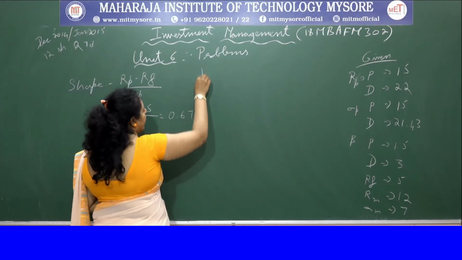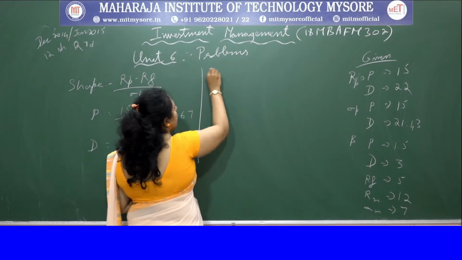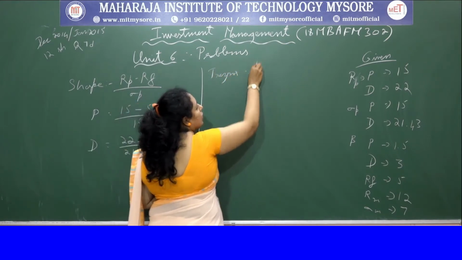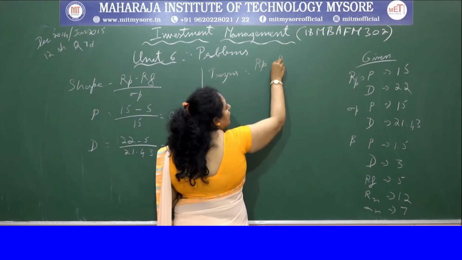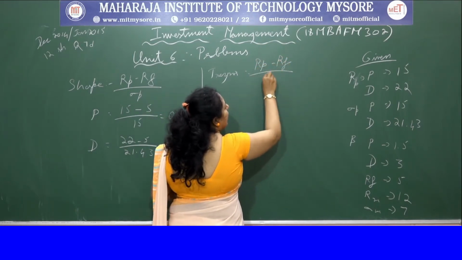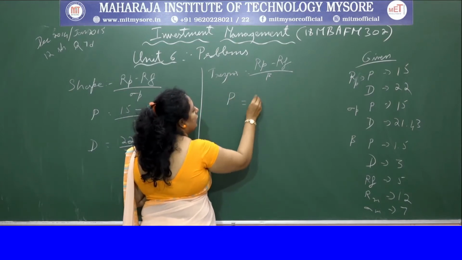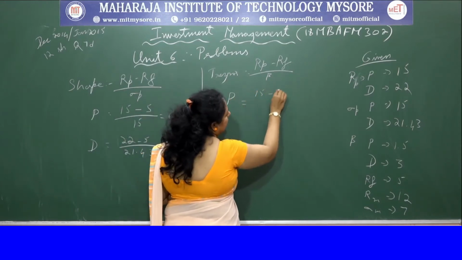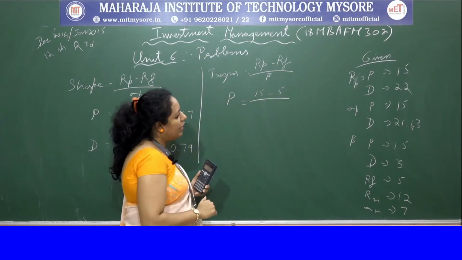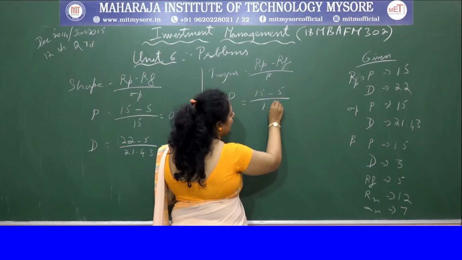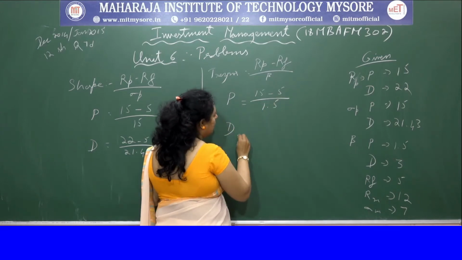Let's move on to the next one, which is Treynor's measure. I'll write Rp minus Rf divided by beta. To start with Pearl Fund, Rp is 15 minus 5 divided by beta of Pearl Fund, which we have already calculated and written, 1.5.